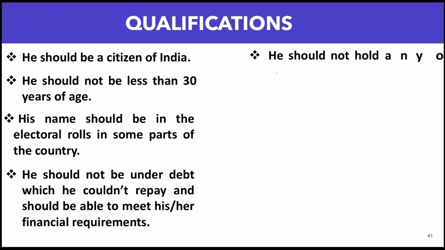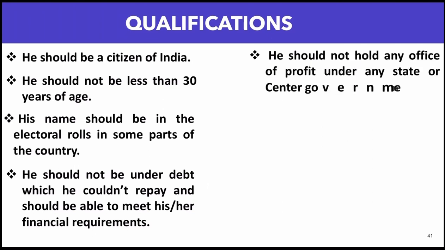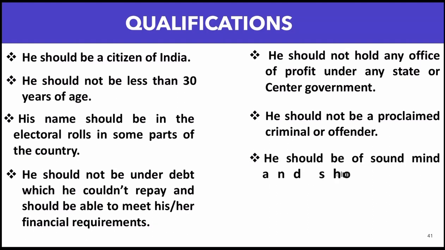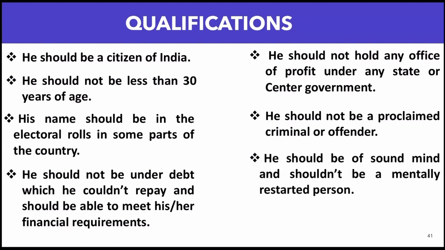The next one is he should not hold any office of profit under the state or central government. The next is he should not be a proclaimed criminal or offender. He should be of sound mind. These were the main qualifications of a member of Rajya Sabha.